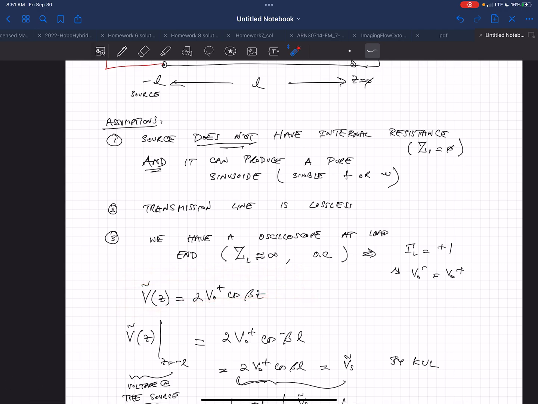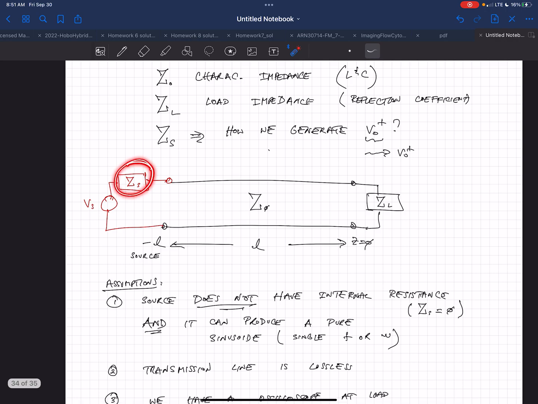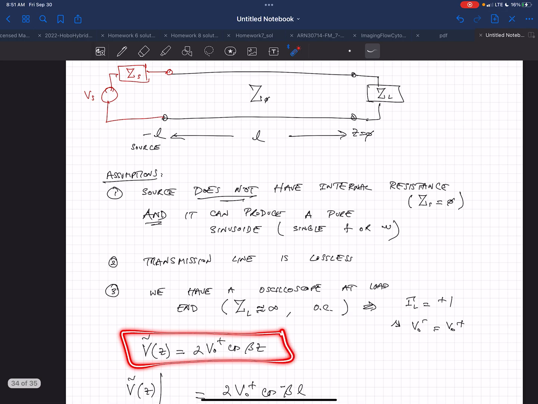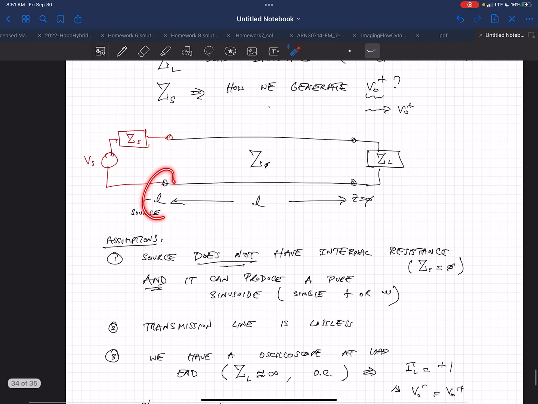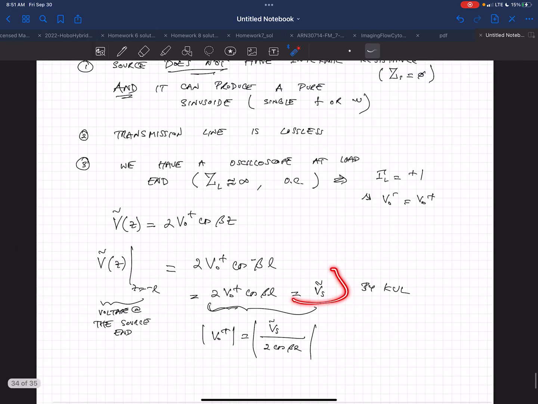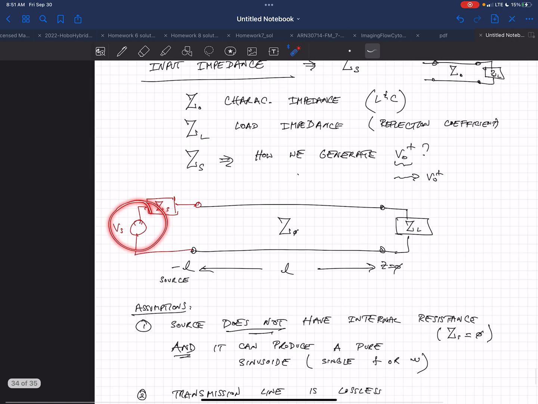So basically I'm saying if Z sub S is 0, I can do a Kirchhoff's voltage law here and say that the value of this equation at z equals minus L at this point has to equal what the voltage source is putting out.